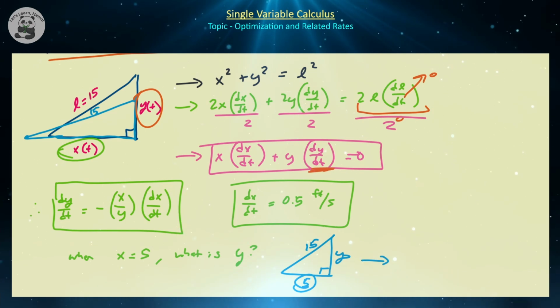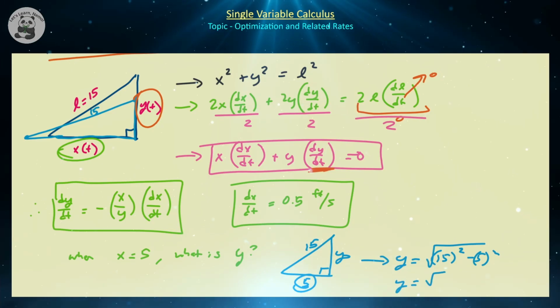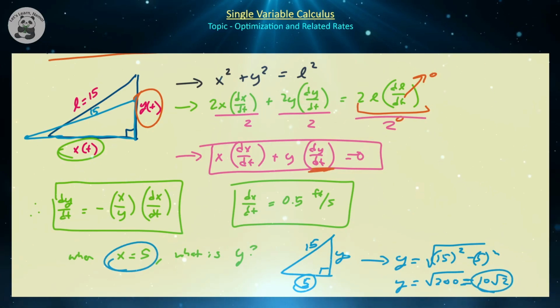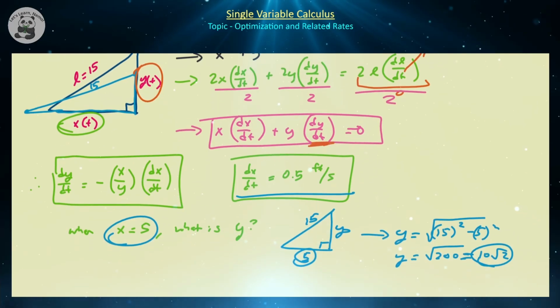Since this is a right triangle, y will be equal to the square root of 15 squared minus 5 squared. Once we simplify that, that's equal to the square root of 200, which we know simplifies to 10 square roots of 2. So when x is equal to 5, y is equal to 10 square roots of 2, and dx/dt is equal to 0.5 feet per second.